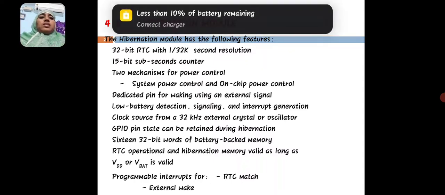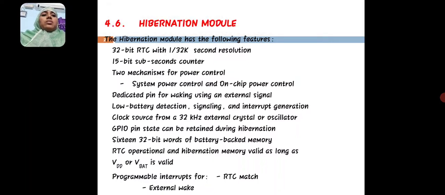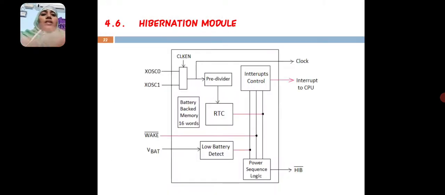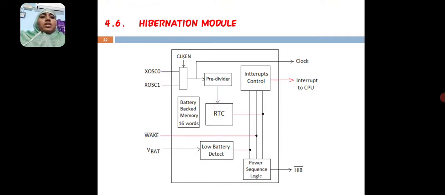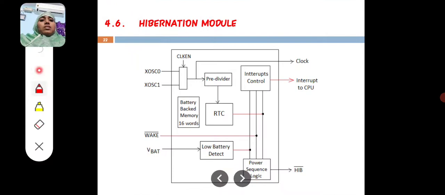So these are some of the hibernation module features. This is the block diagram of the hibernation module. We can give a clock signal to the pre-divider with the help of crystal oscillators. The crystal oscillator generates the clock signal.